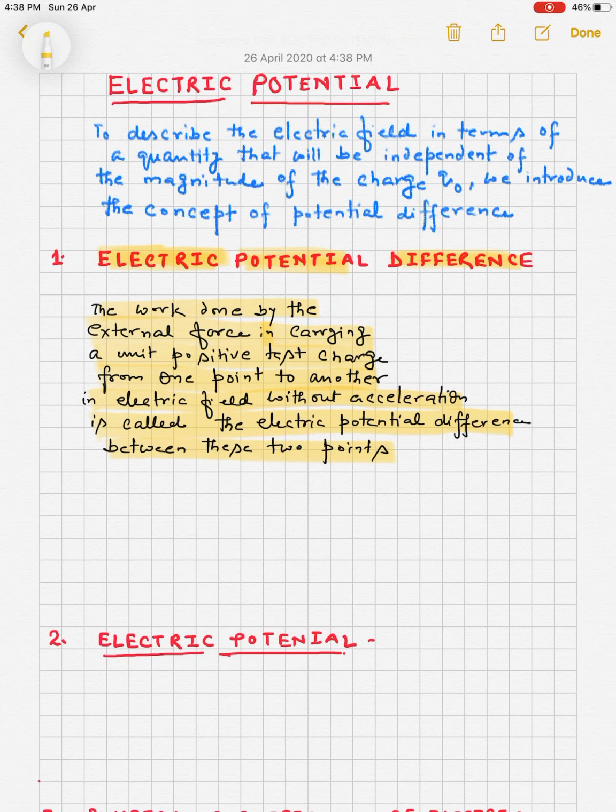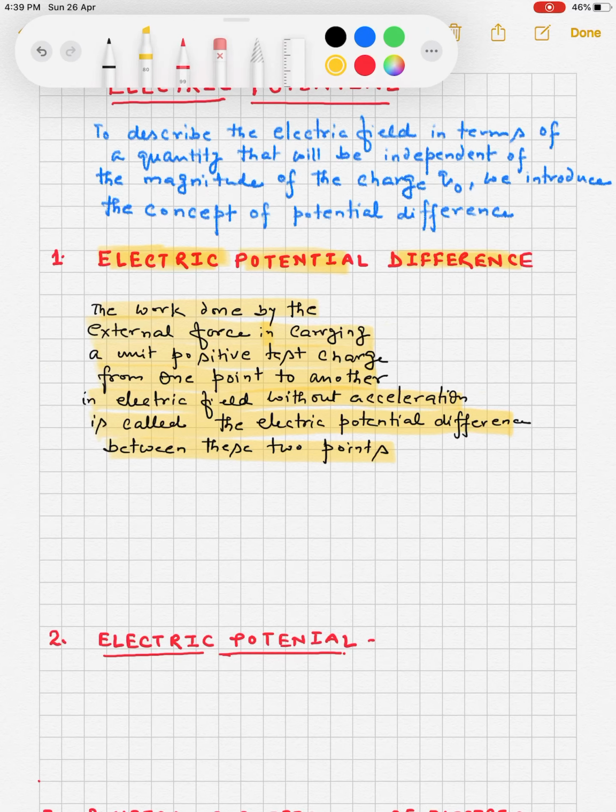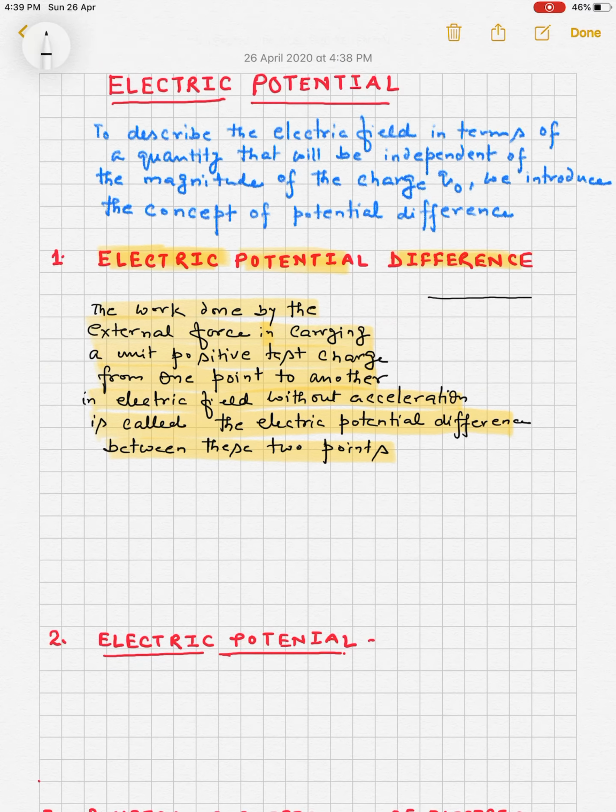Let us try to understand. Here is a uniform electric field and there are 2 points in the electric field.